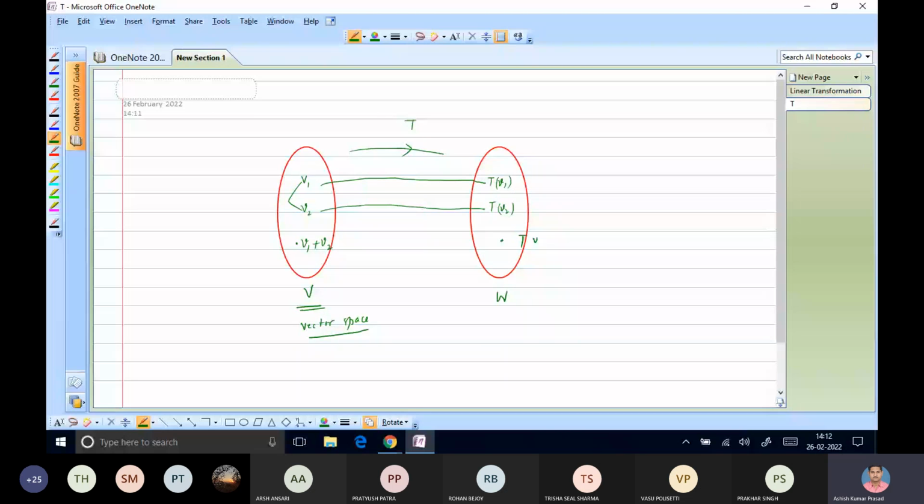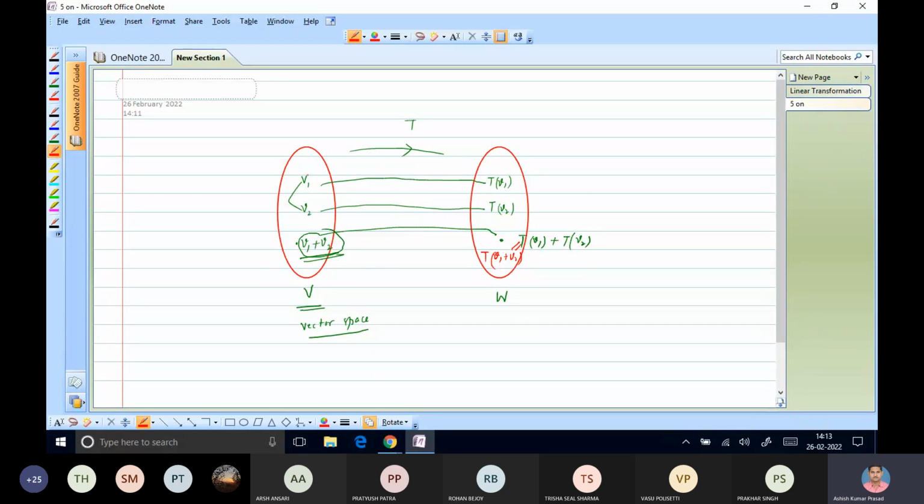So I will get TV1 plus TV2 as an element of W. Now the first property says that the image of V1 plus V2 is T of V1 plus V2, and it should be equal to this, right?